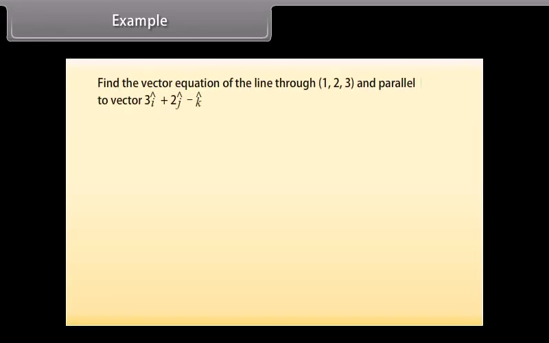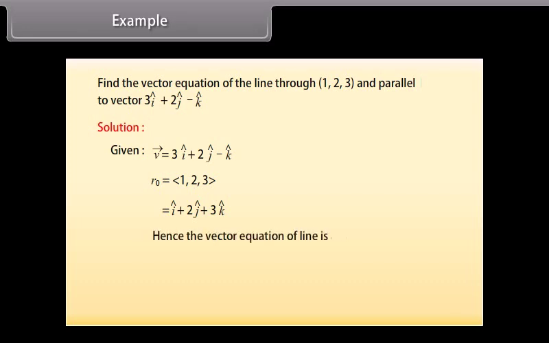Example. Find the vector equation of the line through (1, 2, 3) and parallel to the vector 3i plus 2j minus k. Solution. Given vector v equals 3i plus 2j minus k, and the point a equals (1, 2, 3), which is i plus 2j plus 3k.